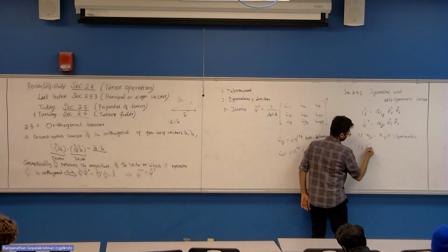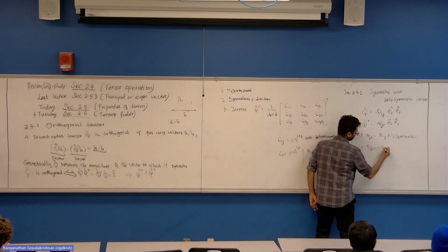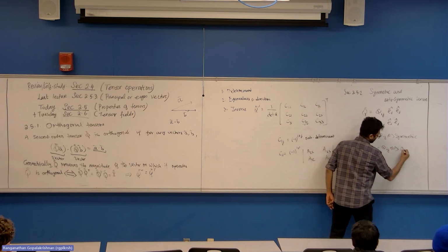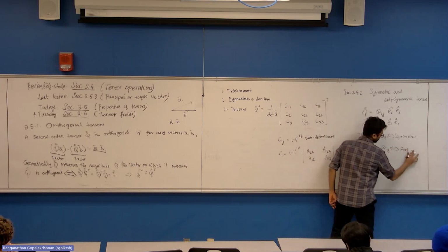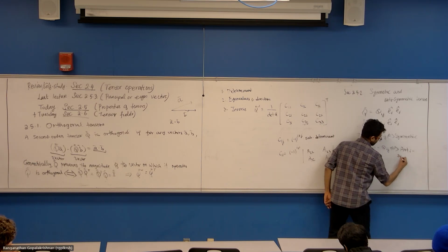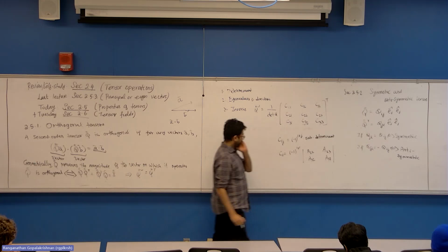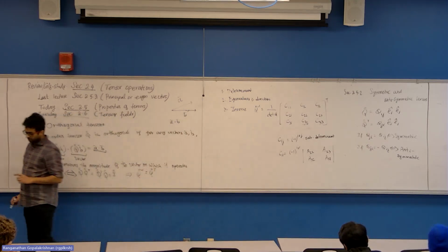If Qji equal to minus Qij, that would make the tensor or matrix antisymmetric, which we saw before. But one more additional thing we are going to see today.